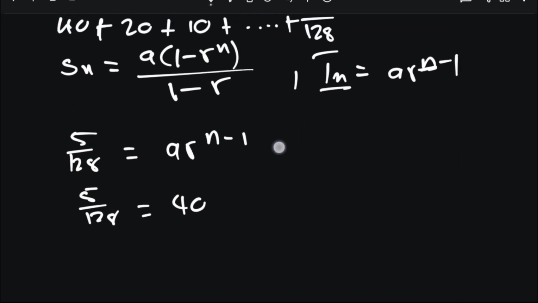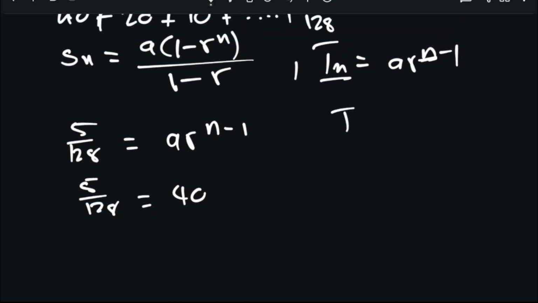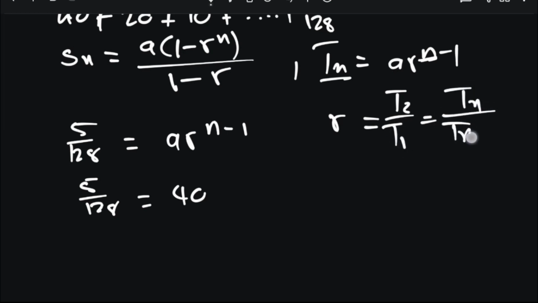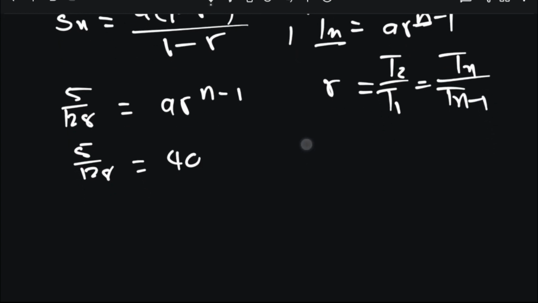The value of r is found by dividing consecutive terms: r is equal to t2 divided by t1, or in general, tn divided by tn minus 1. So t2 divided by t1 is 20 divided by 40, which is equal to 1 over 2.